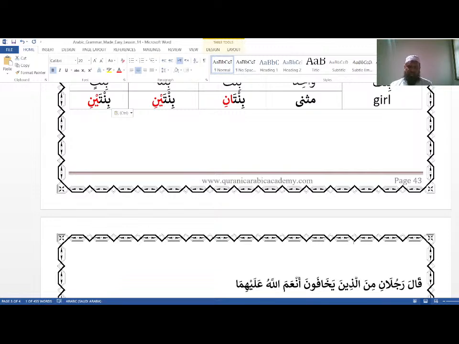So the huwa fa'il will disappear and rajulani will take its place. They become the fa'il. Two men said, min alladhina yakhafun, from those who fear, an'ama Allahu alayhima, that Allah bestowed upon them. So our example is here, rajulani.